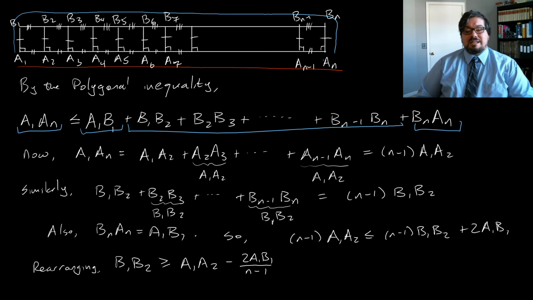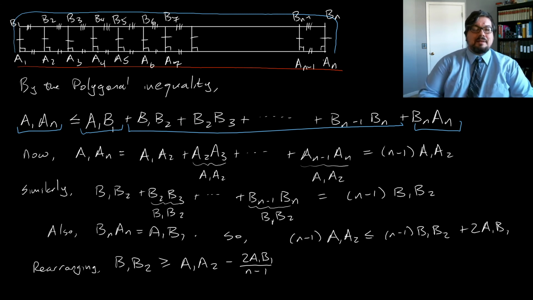Of course, we don't exactly have that for any fixed n. We have that B1, B2 is greater than or equal to A1, A2 minus some number. However, this argument that we did holds for any n. It holds for any n.